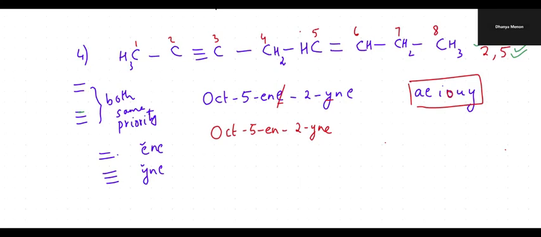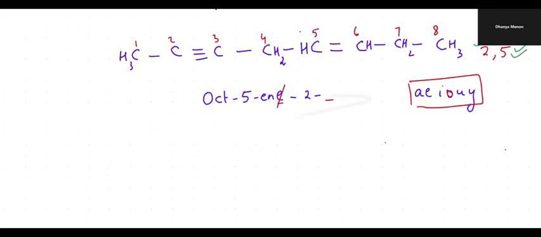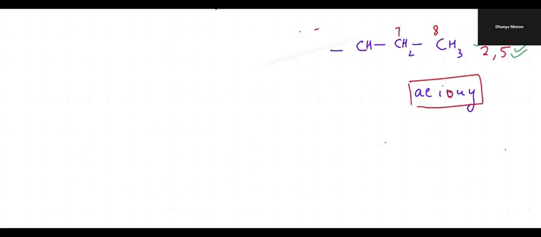Now coming to the next question. C double bond C, C, C double bond, triple bond C. Filling in the hydrogens: 2 valencies are satisfied, 2 more required. 3 valencies are satisfied, 1 more needed. 2 valencies satisfied, 2 more needed. 4 valencies are satisfied.